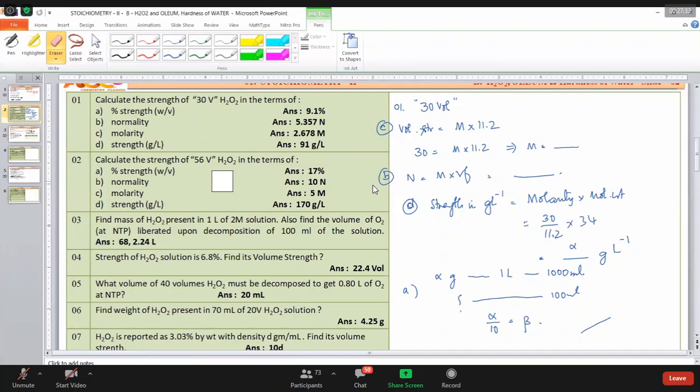Done. Fine. See the screen. See the screen properly. Everything is there here. A, I have solved.